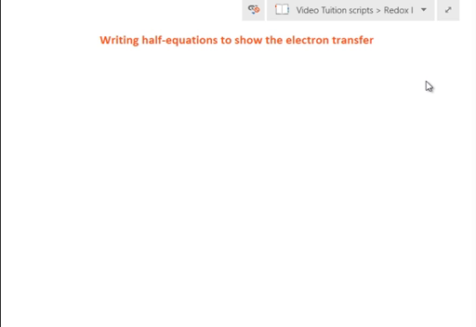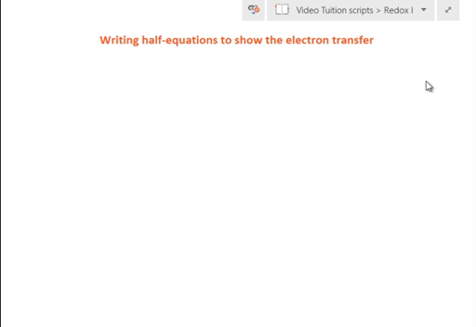So we need to show the movement of electron so that we can really understand how a redox is actually taking place in a reaction. And that is why we are talking about writing half equation. We can use half equation to show the electron transfer in a reaction.